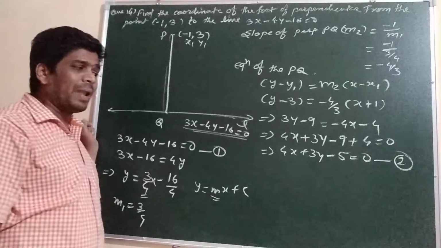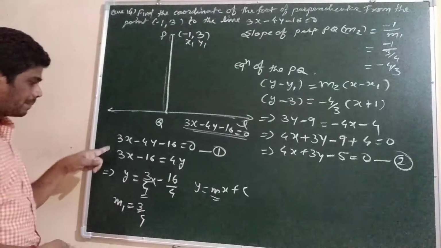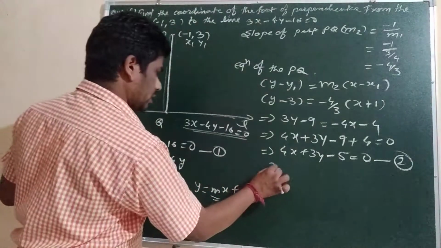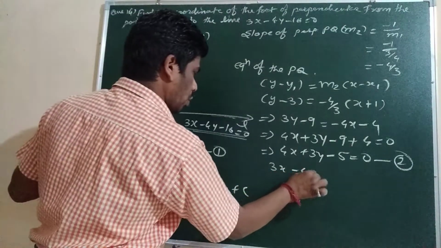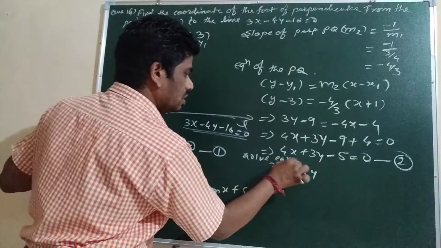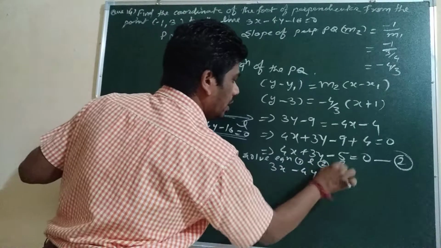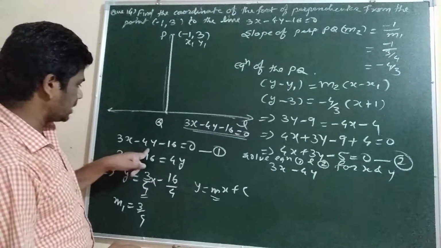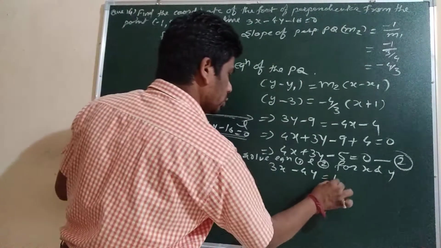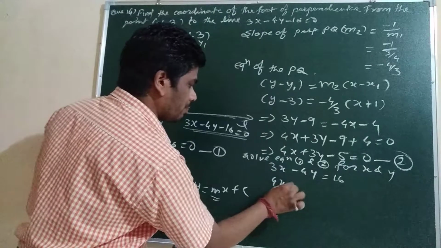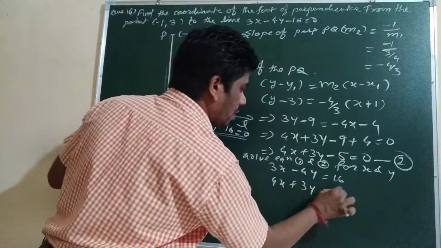You can apply any method; we will apply the elimination method here. Solve equations 1 and 2 for x and y. So 3x minus 4y equal to 16 we can write, and 4x plus 3y equal to 5 we can write.